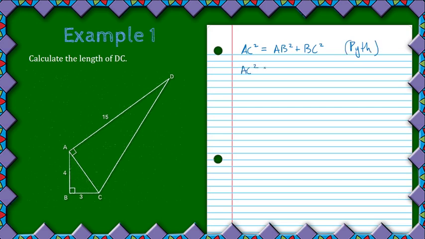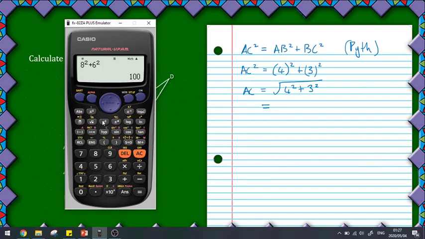and we substitute in our values. So AC squared is equal to AB, which is 4 squared, plus 3 squared, and AC is therefore the square root of 4 squared plus 3 squared, which is equal to 5.